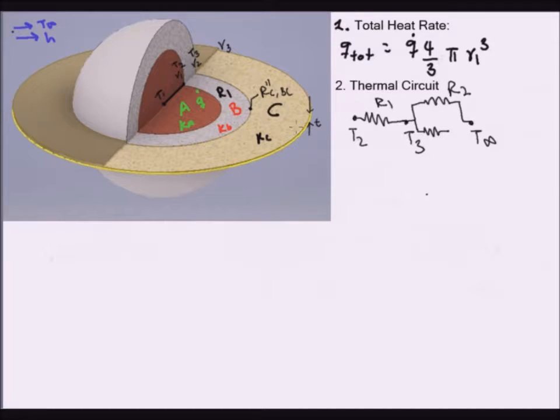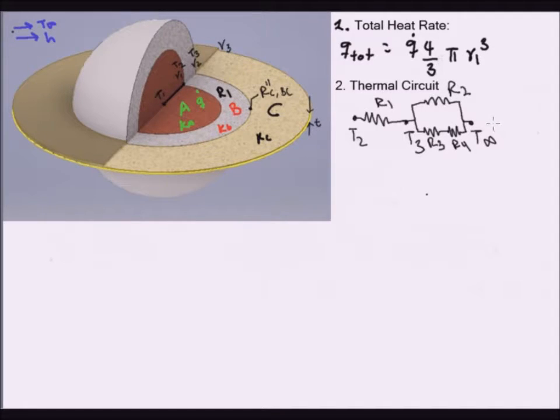And the other one is the fin resistance, so the overall fin resistance to heat flow. So these two bottom resistances are in series, whereas they are in parallel with the top one, with R2. Let's label them R3 and R4. And so this is our finished thermal circuit.